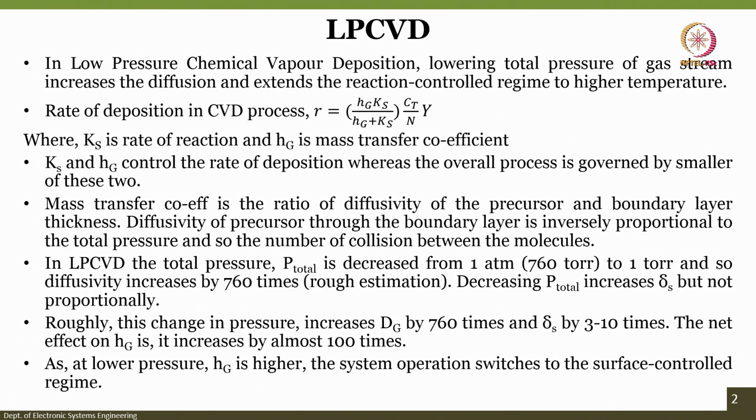The Ks and Hg control the rate of deposition, whereas the overall process is governed by the smaller of these two, correct.